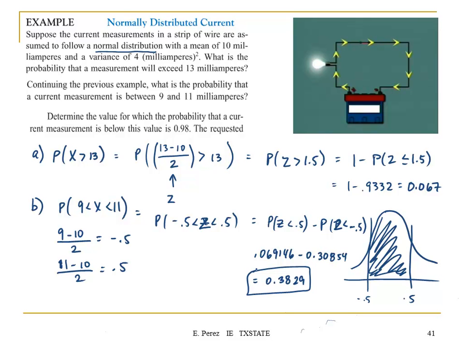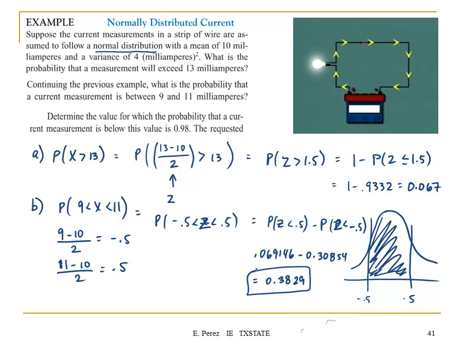The last part is to determine the value for which the probability that the current measurement is below this value is 98%. Now we have the probability, and we want to find the value of x that will give you that probability. X again is the current, so we want to find that current that would cover 98% of the currents you can have in your circuit.